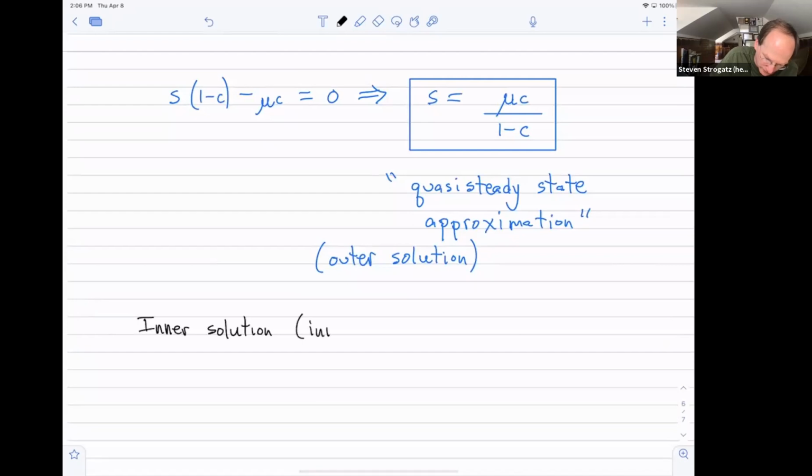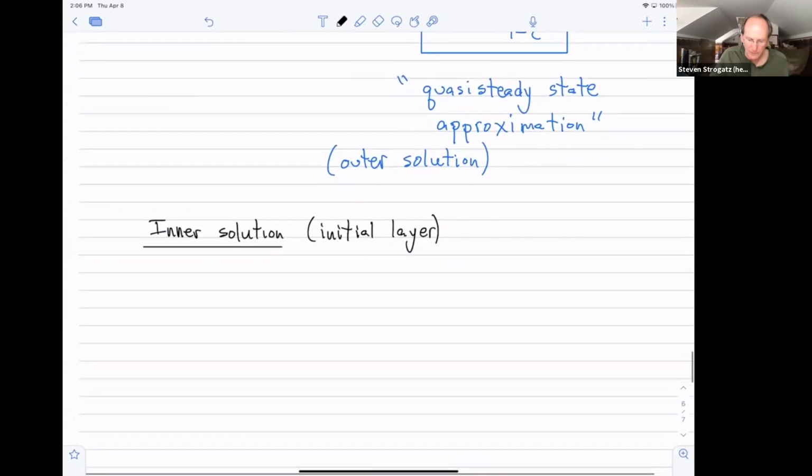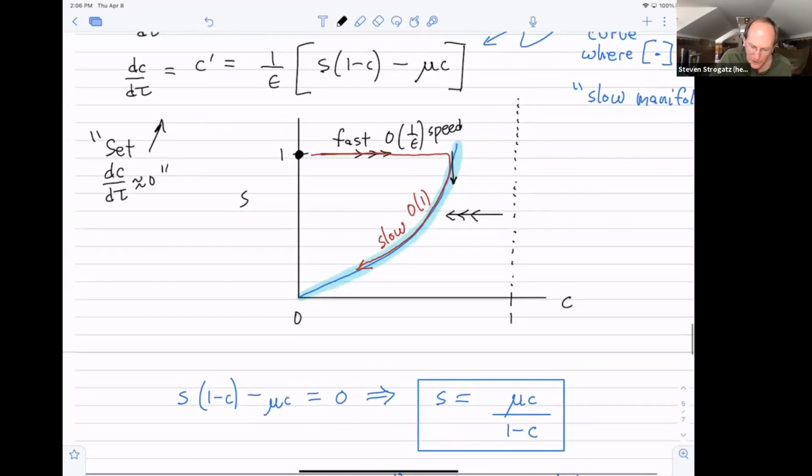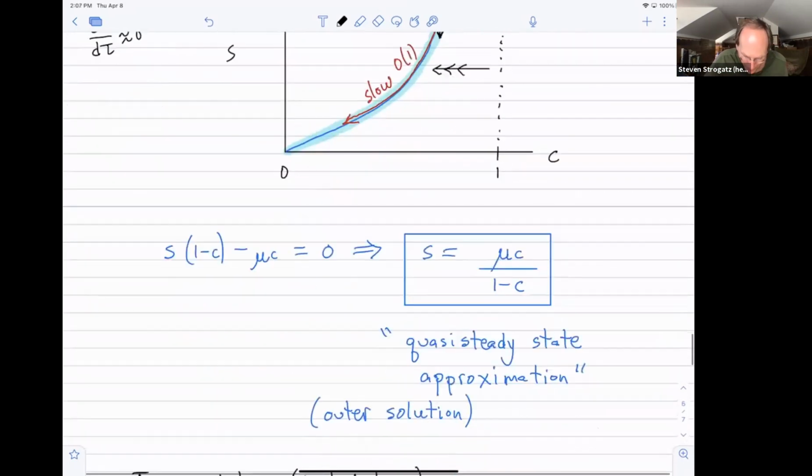Meaning the initial layer. Let's think about that. In there, everything's happening on this very short time scale. Given that the speeds are order 1 over epsilon, you're moving a distance of order 1 in a time epsilon, right? By distance equals rate times time.